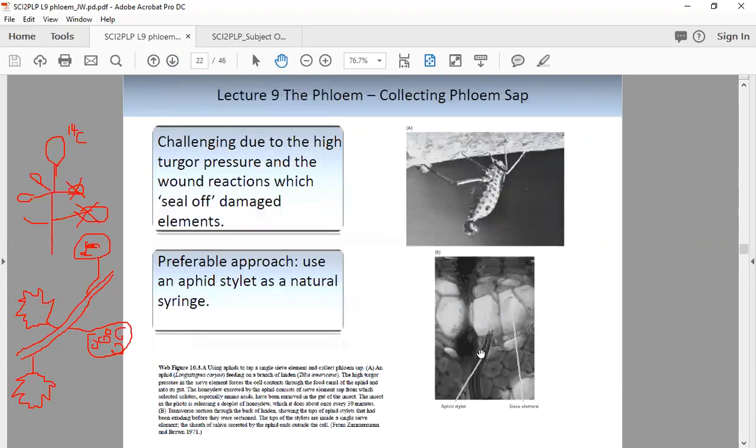So this is the stylet here being inserted into the sieve element. And then they use a laser to cut off the stylet, and then they can actually collect the phloem sap from there. I mean, there are problems also associated with this method, but it's the best method they've got at the moment. And that's the whole methods described for you here.